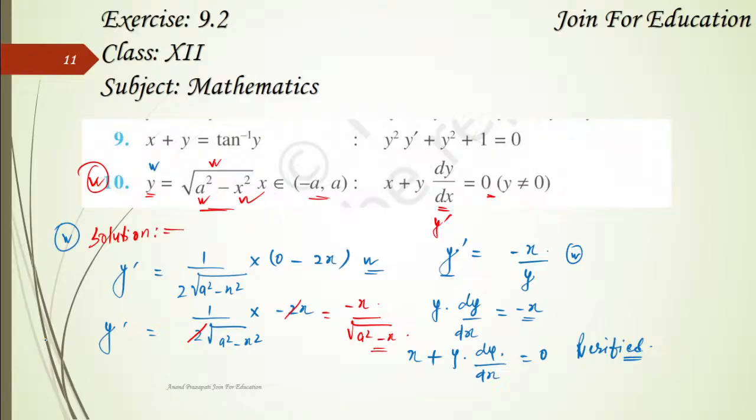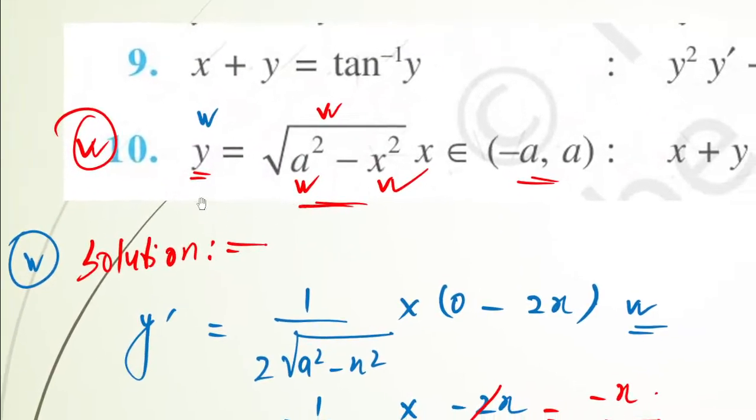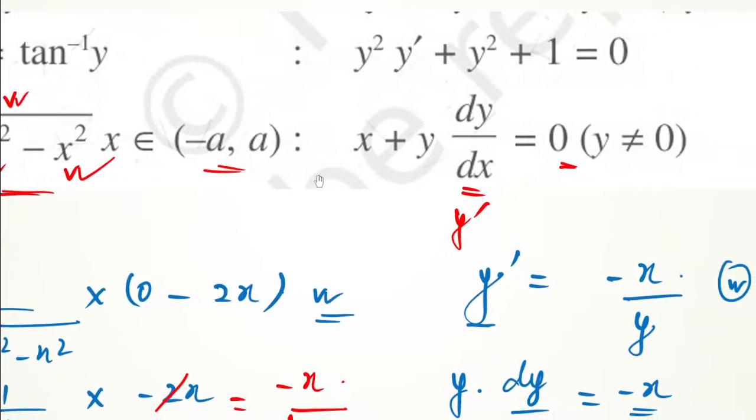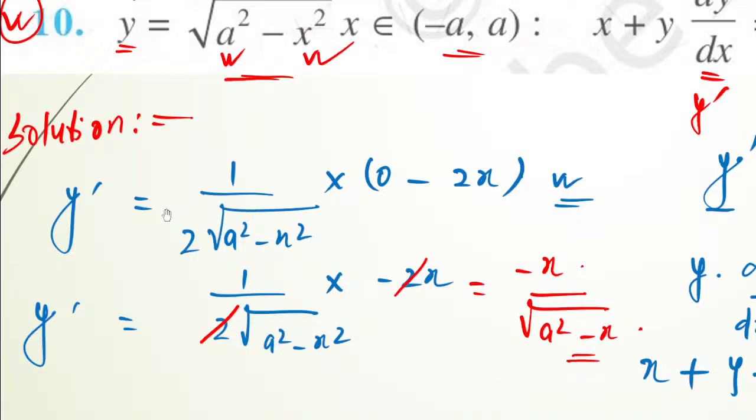Let's see the details once again. So this is question number 10. In question number 10, this is given: y equal to square root of a square minus x square, and we are asked to verify x plus y into dy by dx equal to 0 when y is not equal to 0. So let's see the solution.